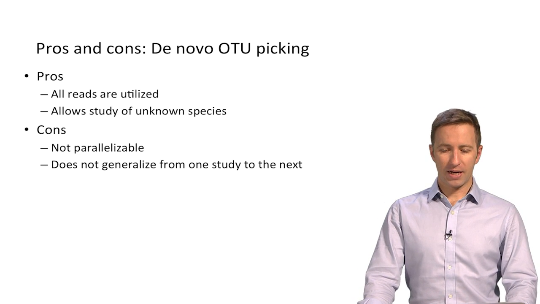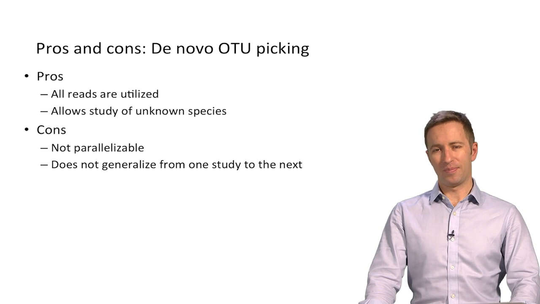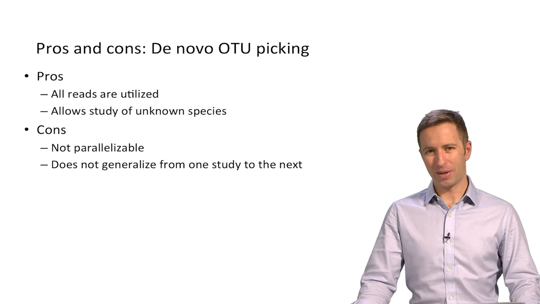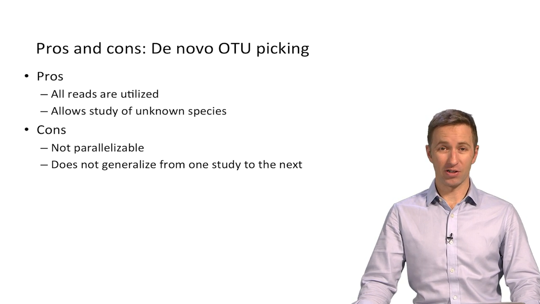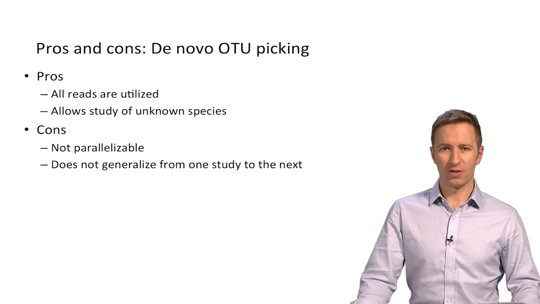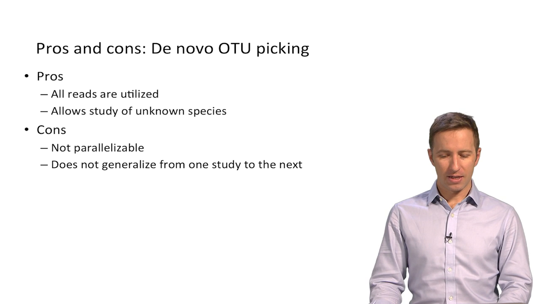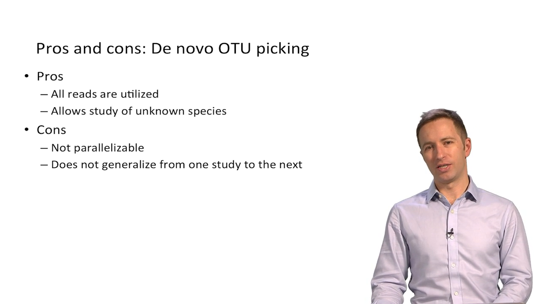On the other hand, most of the de novo OTU picking approaches, these clustering approaches, are not easily parallelizable, so they tend to be very slow. It's often the bottleneck for doing analysis of microbiome data. And they don't generalize from one study to the next.